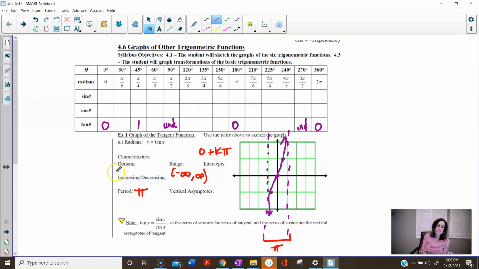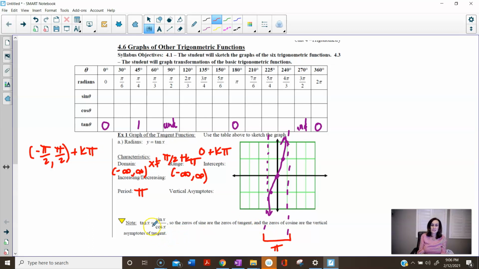We could write it as negative infinity to infinity, but x cannot equal pi over 2 plus k pi. So that's one way to write it. The other way to write it would be you could go from negative pi over 2 to positive pi over 2 with parentheses, so not including those, plus k pi for the domain.